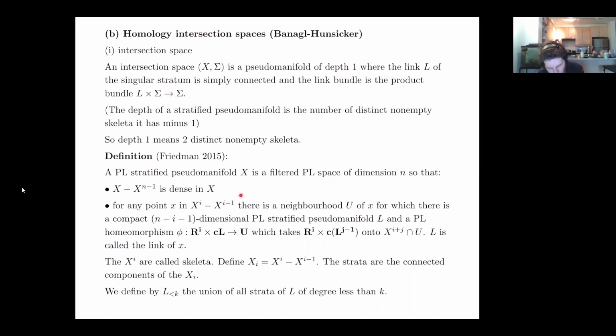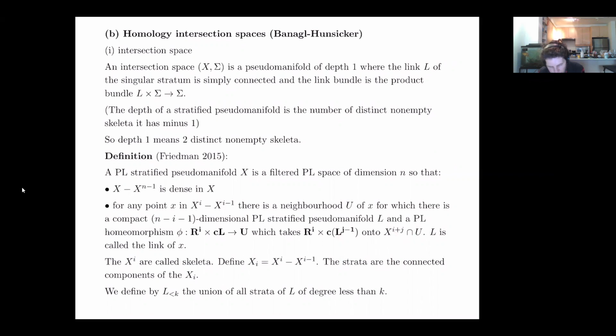For each point in the I subspace which is not in the I minus 1 subspace, there is a neighborhood for which there is a pseudomanifold L, which is called the link of X, and a homeomorphism of R^i crossed with the cone on L to a neighborhood, taking R^i crossed with the cone on the j minus 1 part of the link to the X_(i+j) intersection with U.